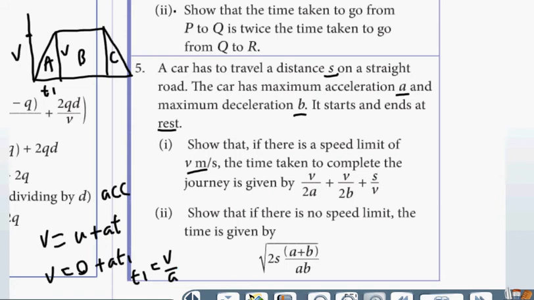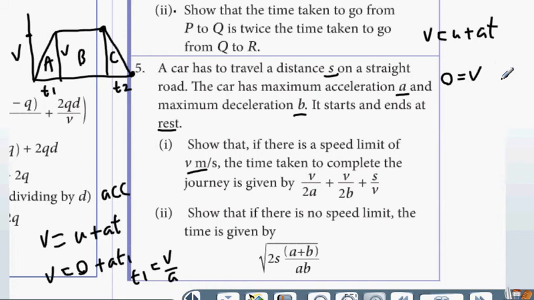So we know that first time t1 is v over a, and we're going to work out what we'll call t2 here. We're going to do the exact same procedure. v equals u plus at, and we're going to say v is 0 in this case because you end up at 0. u is going to be v, and it's a deceleration, isn't it?